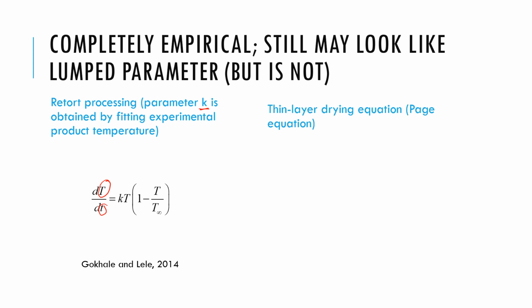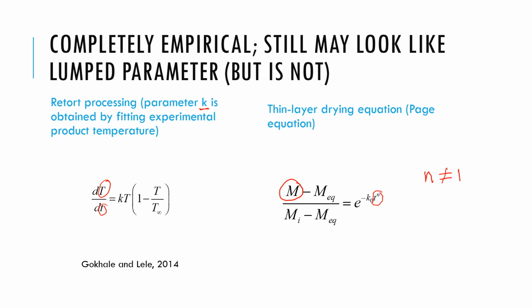Another one is a well-known equation for thin layer drying, and this one is called Page's equation. So it gives moisture changing with time. But if n is not equal to 1, then it is completely empirical.